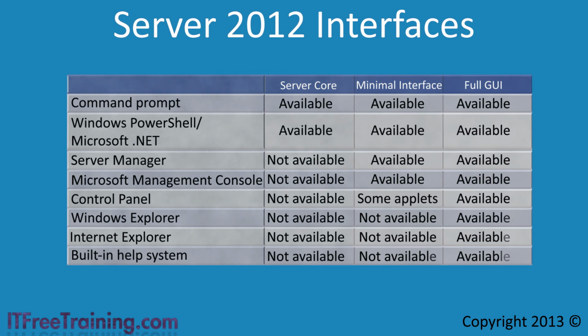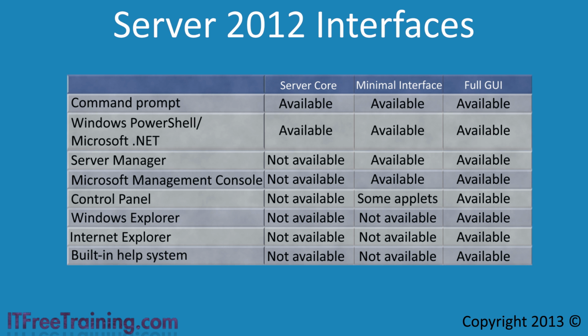Listed here are the core features that are available in each interface. The command prompt, Windows PowerShell, and .NET are available in all interfaces. More advanced administration, such as Server Manager and Microsoft Management Console, require at least the minimal interface. If you are running the minimal interface, you have access to some of the applets in the control panel.